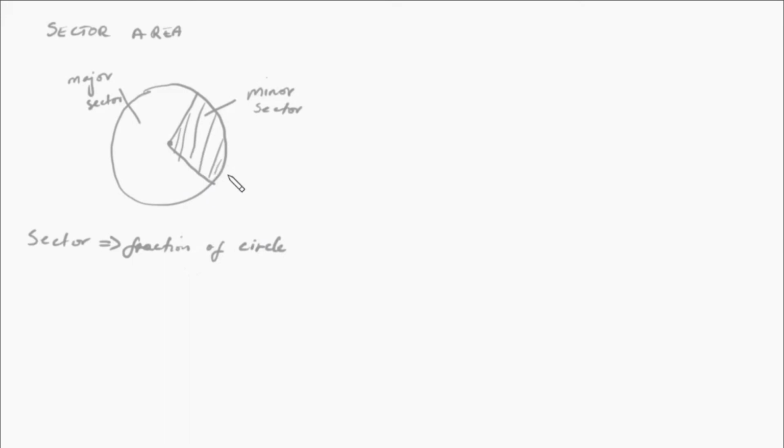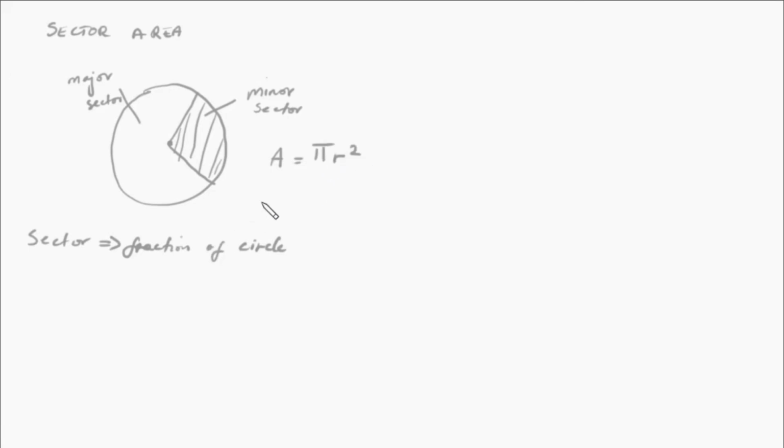So if you are asked to find the area of a sector, you are actually being asked to find a fraction of the area of a circle. So what is the area of a circle? Area of a circle is equal to pi r squared.